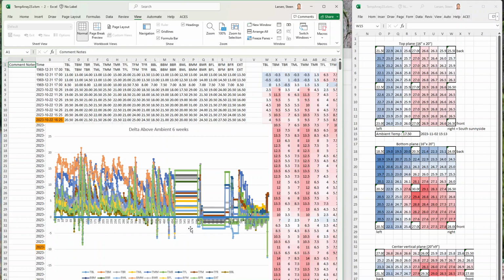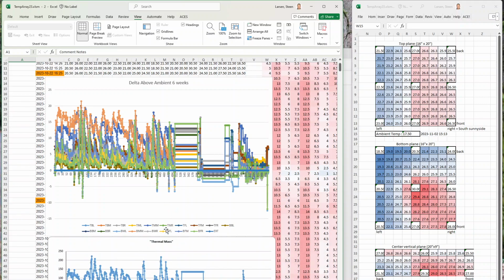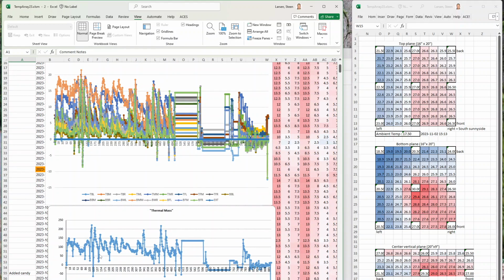There were some issues a few days ago where I had some mechanical issues on the temperature sensors. I am trying to use this thermal mass idea of looking at beehives. You can see some oscillations, where this is basically summing up the temperatures above ambient and tracking it through time. So you see the daily iterations as it warms up during the day.